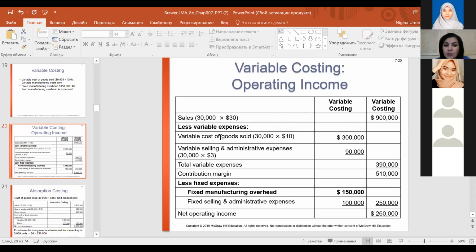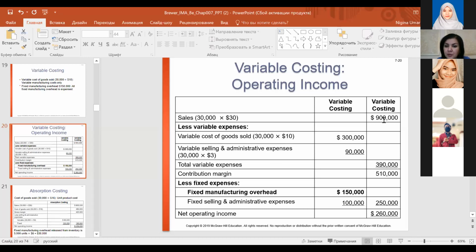We subtract cost of goods sold, which is 30,000 multiplied by 10, $300,000, less variable selling and administrative. Now the company sells 30,000, we multiply by 3. As you remember, variable selling and administrative is $3 per unit. So it's 90,000. Total variable expense 390.